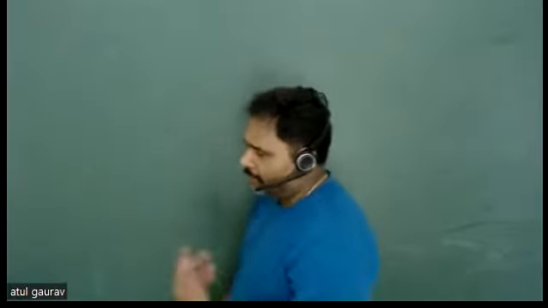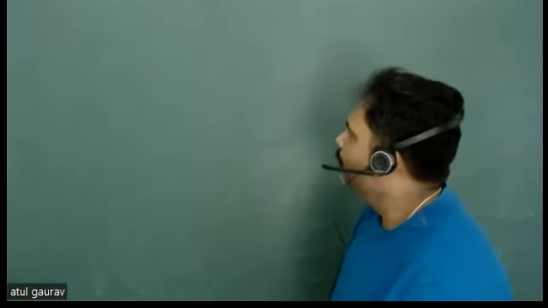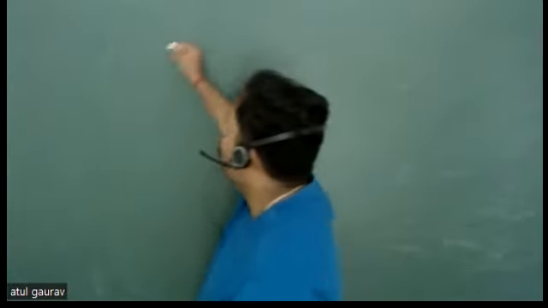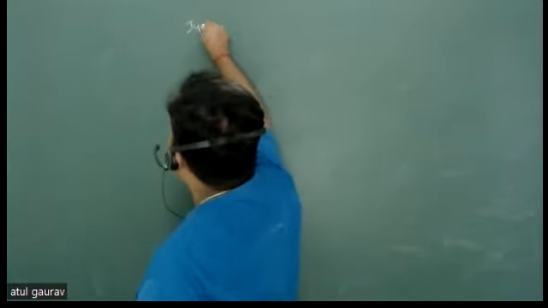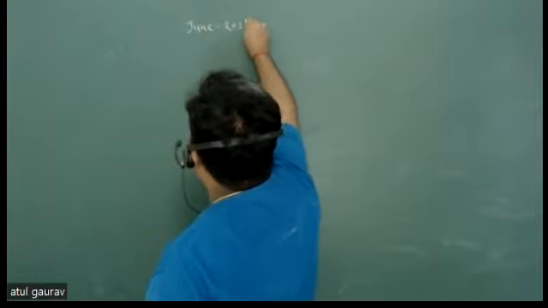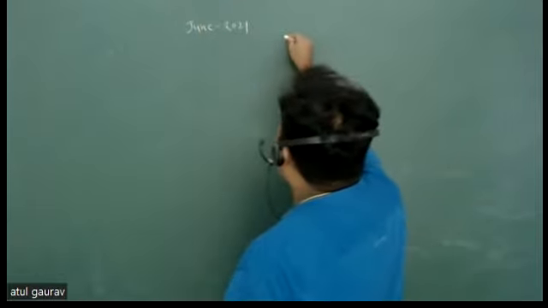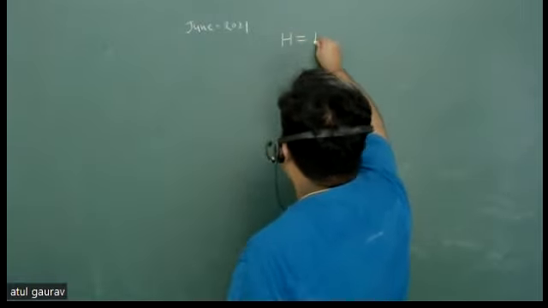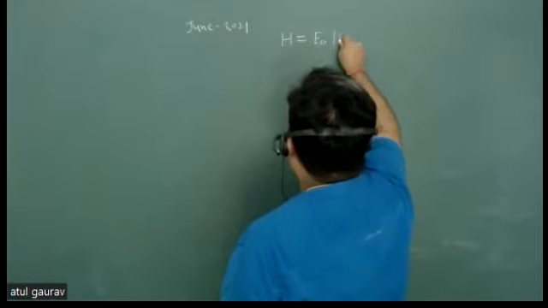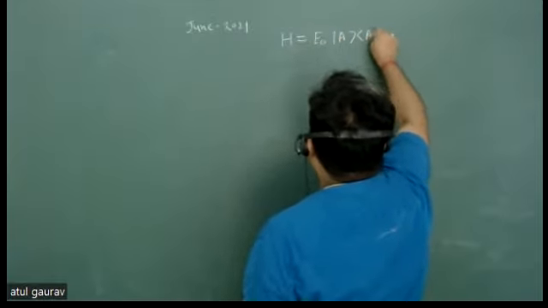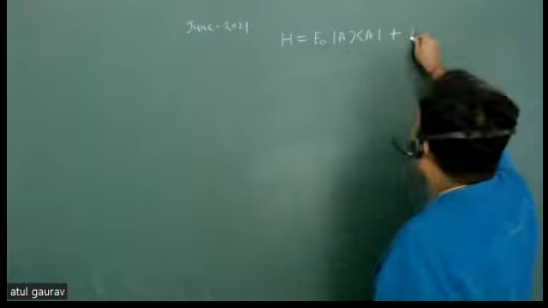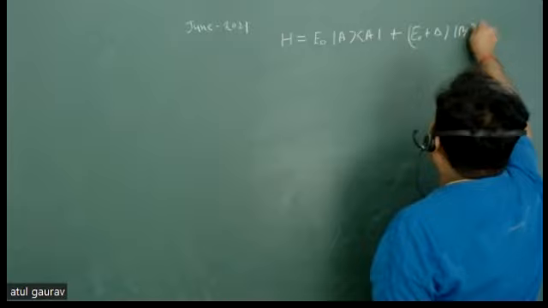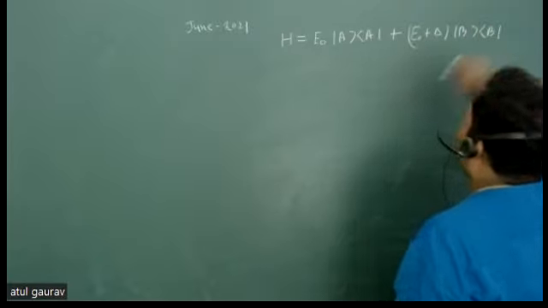Now this is in the last year paper, whatever exam happened this time, that is in June 2021. So they just give you the Hamiltonian. And what is your Hamiltonian? They give it in a very abstract form: E naught |A><A| plus (E naught plus delta) |B><B|.